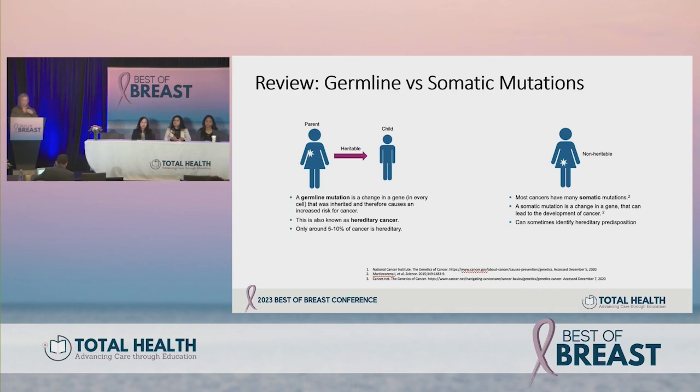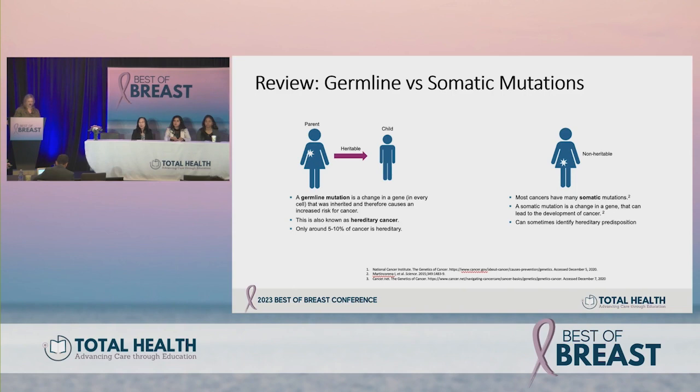In each of our cells, we have 23 pairs of chromosomes. One pair comes from your father and the other pair comes from your mother. Mutations in each cell like these are called germline, and they are inheritable.